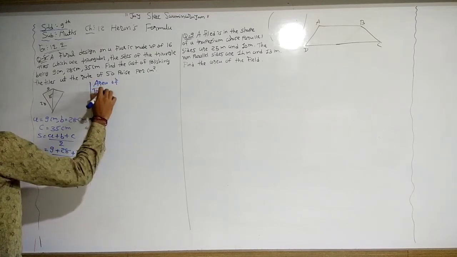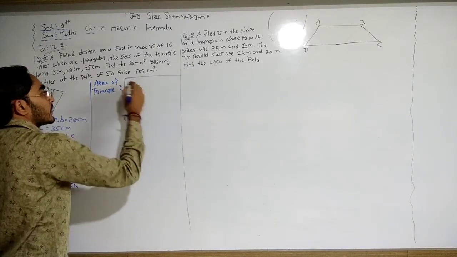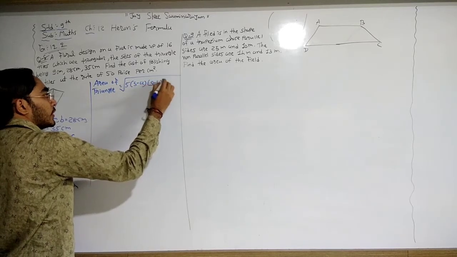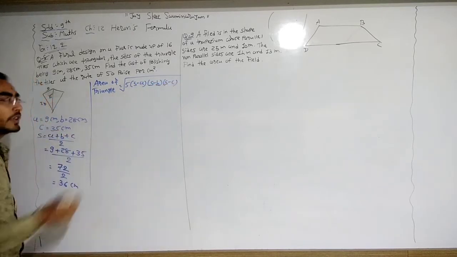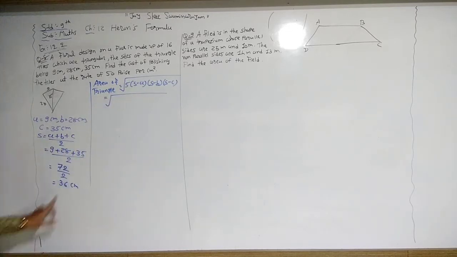Area of the triangle, and use the Heron's formula: square root of S into (S minus A), (S minus B) and (S minus C). So semi-perimeter S is 36.